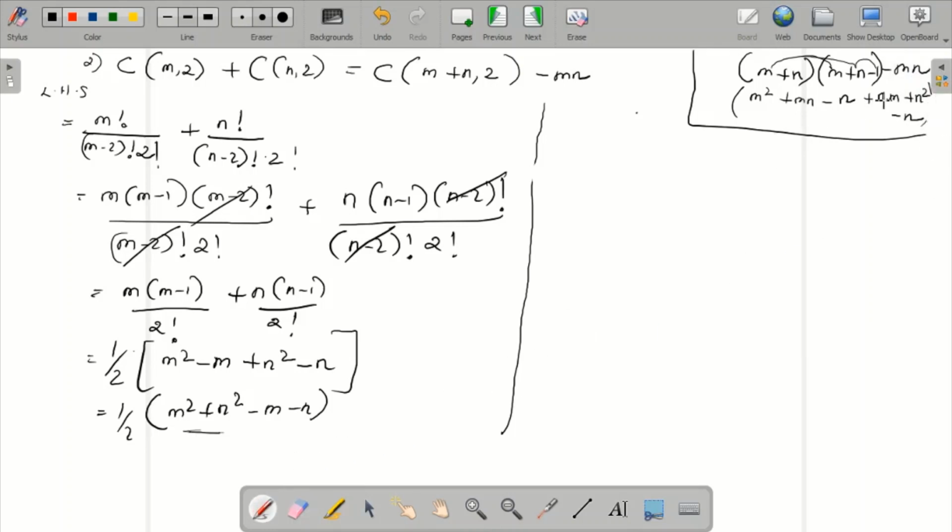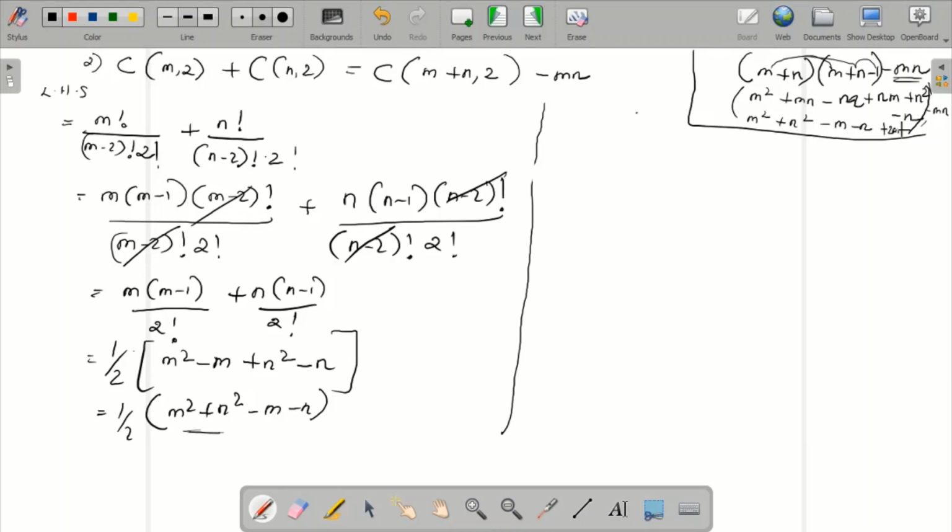Okay, you'll get this entirely, and this minus mn. So what is happening over here? You check, you have m square plus n square, and you have minus m, sorry, minus m minus n.